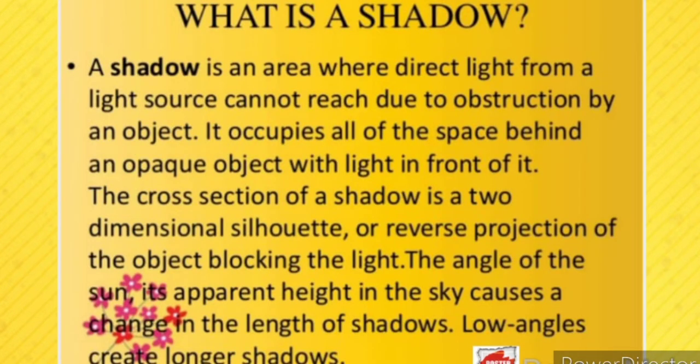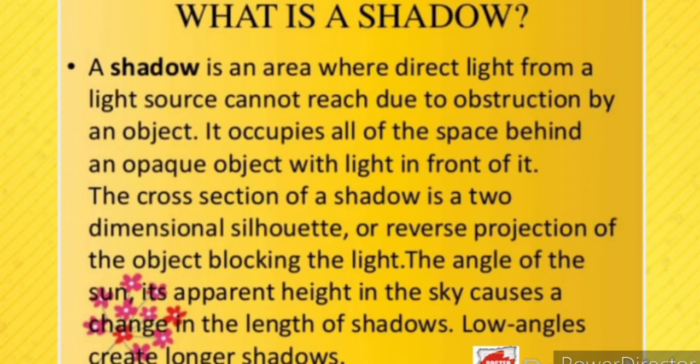Next we come to what we mean by a shadow. A shadow is an area where direct light from a light source cannot reach due to obstruction by an object. It occupies all the space behind an opaque object with light in front of it.